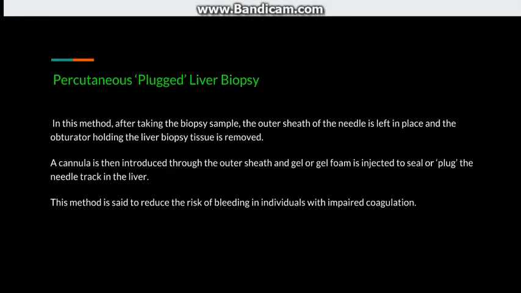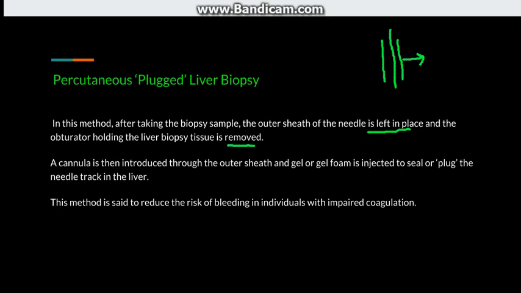Now going to another method, that is percutaneous plugged liver biopsy. Now in this biopsy, this is the needle which is inserted, this is the center part of the needle, and this is the outer sheath of the needle which is inserted into the liver. So after taking the biopsy sample, the outer sheath of the needle is left in place, and the obturator which holds the liver biopsy needle is removed.